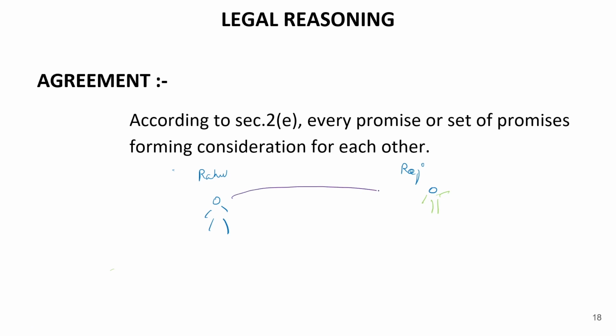Rahul conveys to Raj rupees 50 lakhs if you sell your house to me. And Raj sends, okay, I accept.